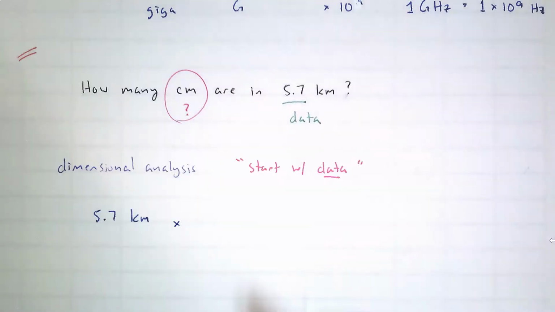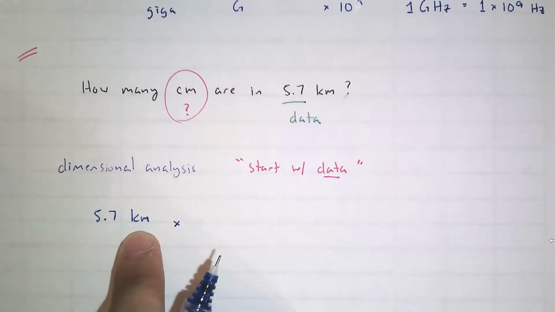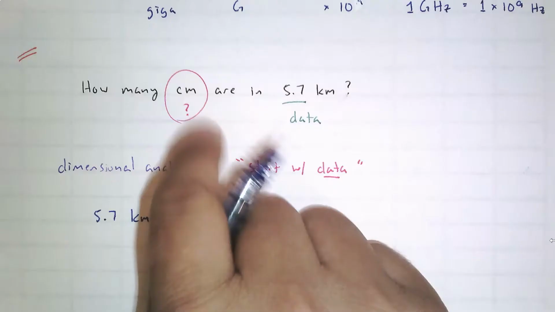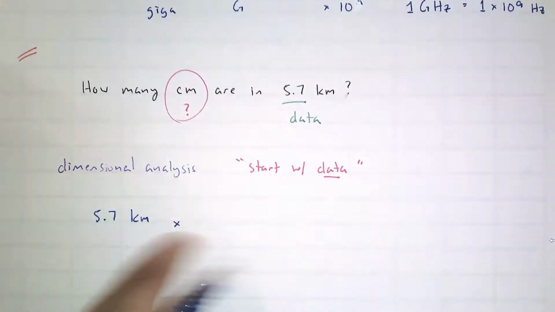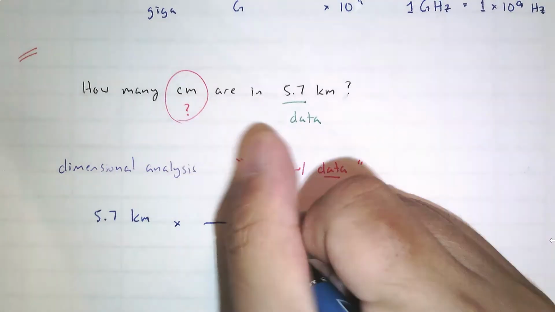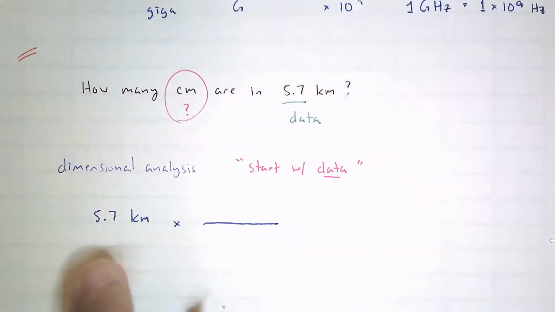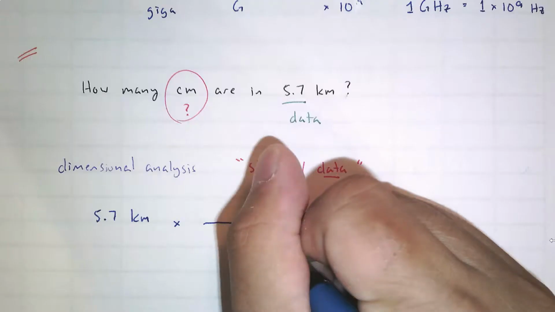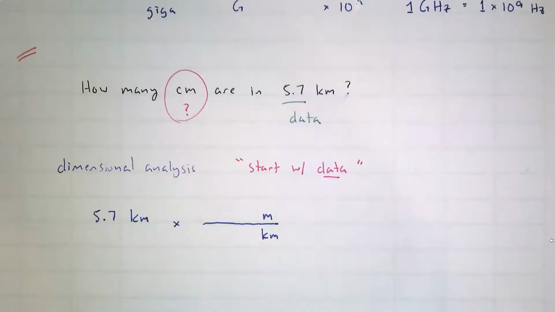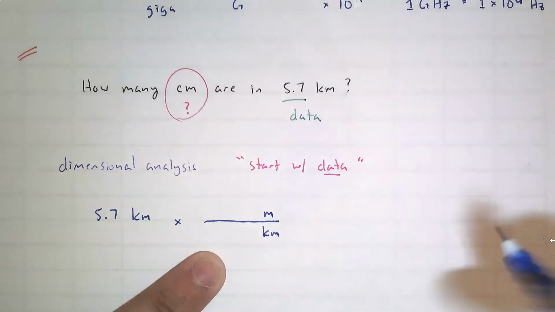I'm going to go a little bit fast, but I don't know the conversion from kilometers to centimeters. I know from kilometers to meters. We want to cancel out kilometers, so the km goes on the bottom and then goes on the top. And this is why I want to use the exponential notation, because I don't have to think.